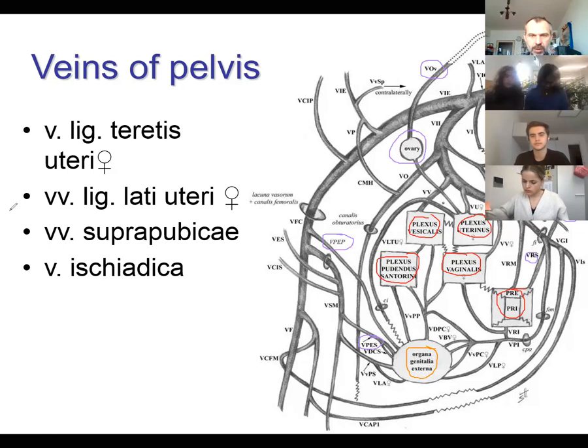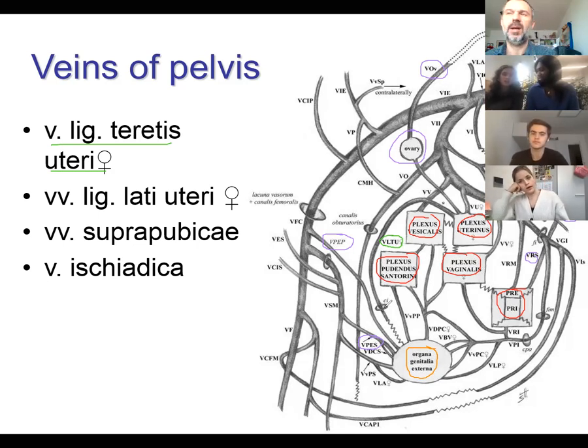And we are going to talk about this, which is a vein of the round ligament of the uterus. You can see that it interconnects the uterine plexus with the external organs, and it runs through the inguinal canal. The artery of the round ligament of the uterus is a branch of the inferior epigastric artery.